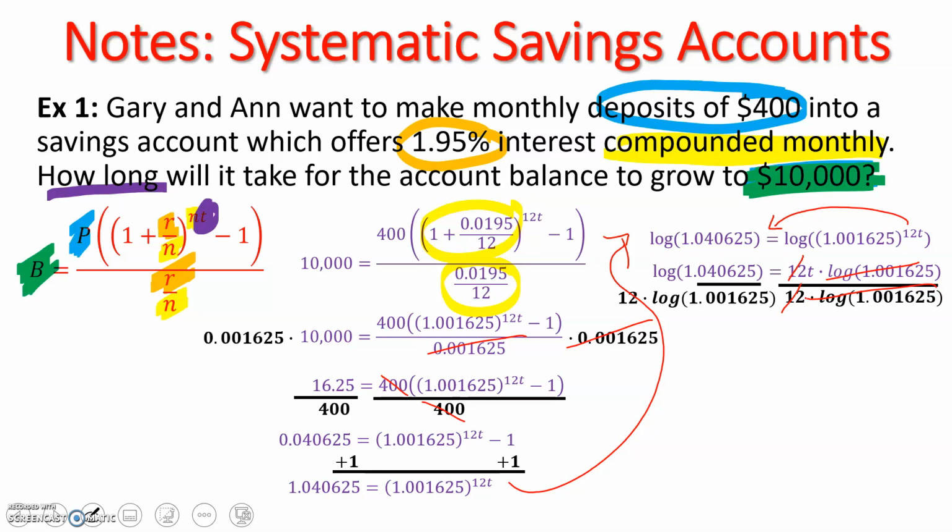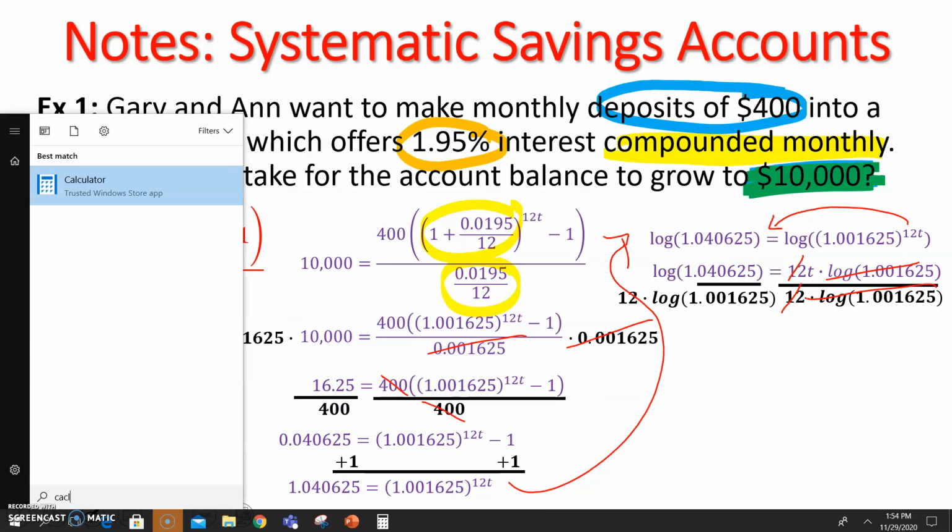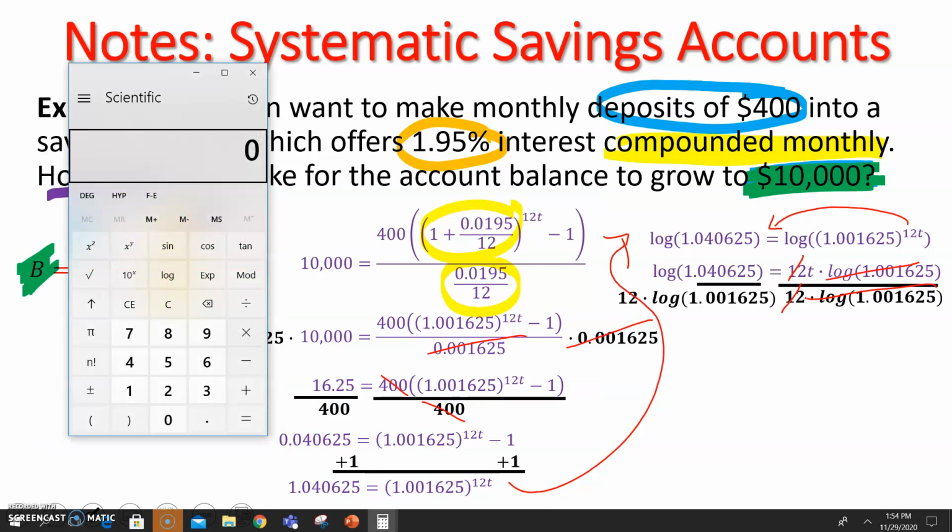So now I'm just going to use a calculator once again, and I'm going to calculate this. And we're going to see how friendly this is or isn't. So just a quick reminder, when you use this calculator and you do log, it does require you to type in the number first and then hit log. So that's the numerator.